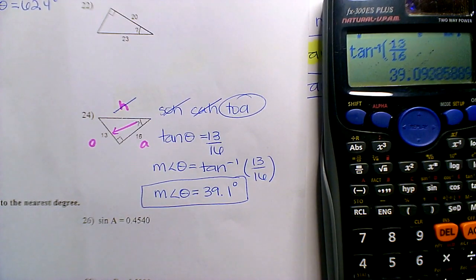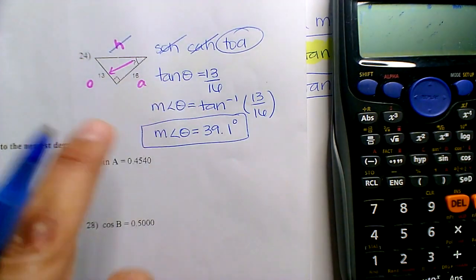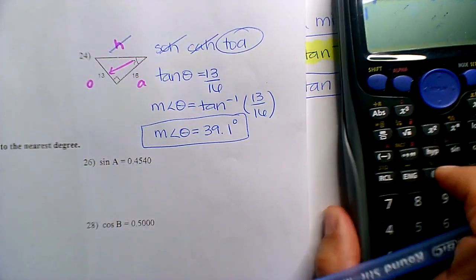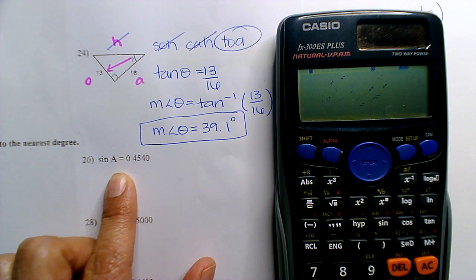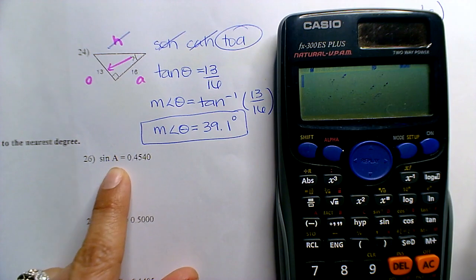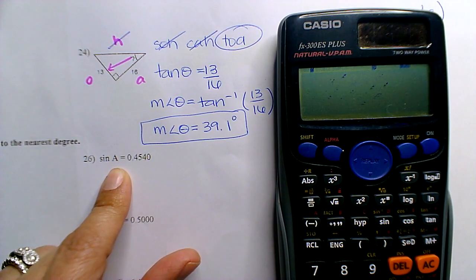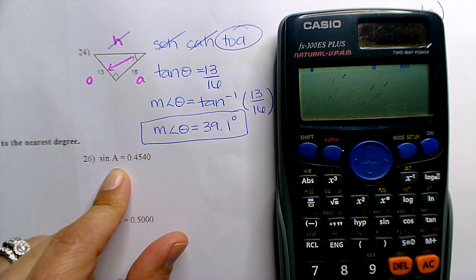Yeah? And then just because 26 is here, so for 26, what do I do on that? If there's no ratio, what am I punching in the calculator here? How do I find A? What do I type, John, if I want to solve this? What's the first button on the calculator? Shift, and then what?